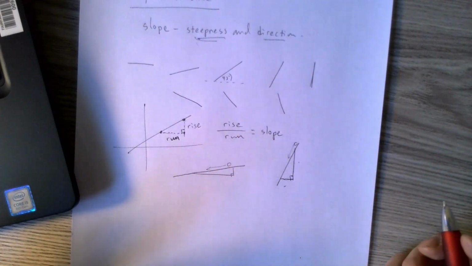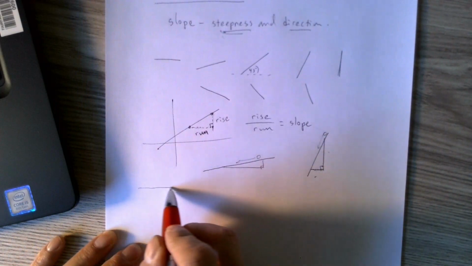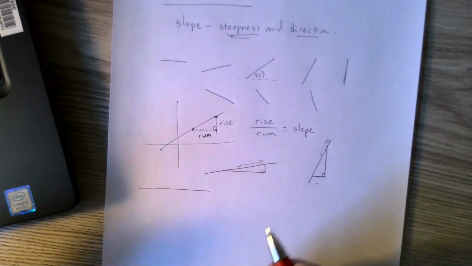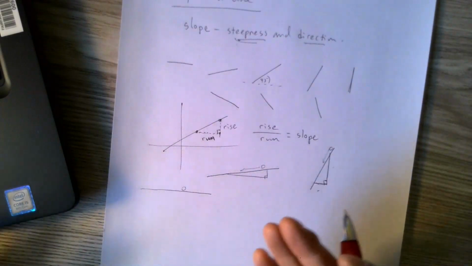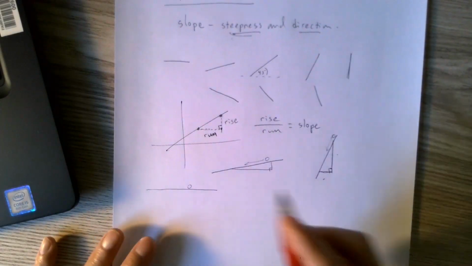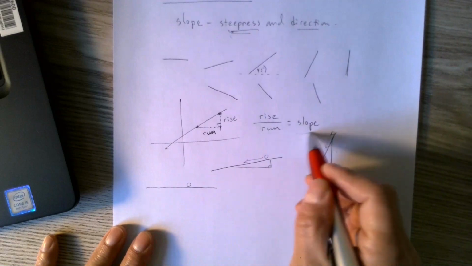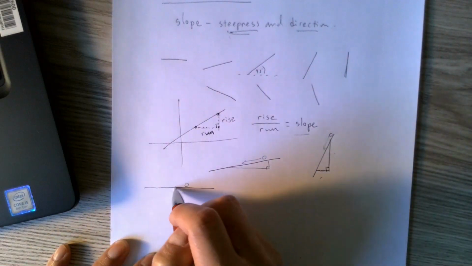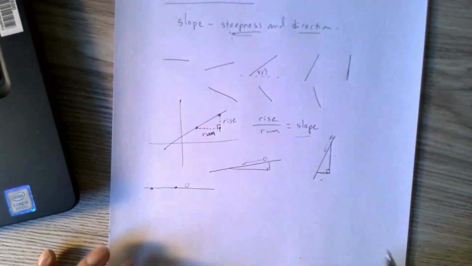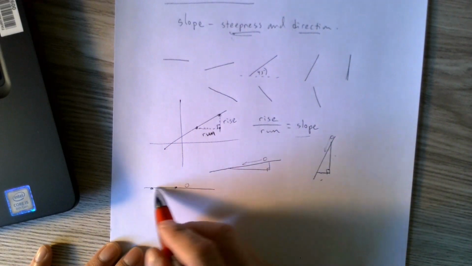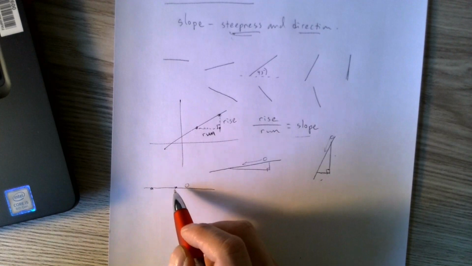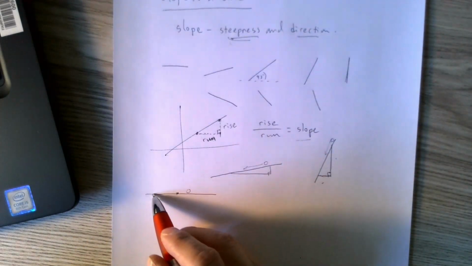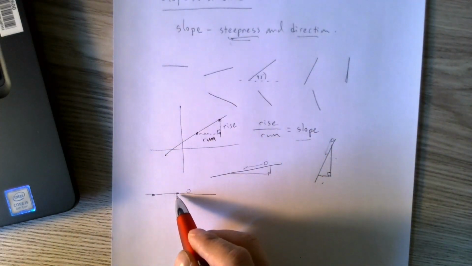And then what about horizontal and vertical lines? Well, a horizontal line doesn't have any kind of steepness to it. If I were a rock on the horizontal line, I wouldn't be moving, right? Well, what does that mean about the numerical value of the slope? Well, if I take 2 points, and I try to make the right triangle, well, I can't, right? Because I can't make this right triangle have any height since these 2 points are at exactly the same height.